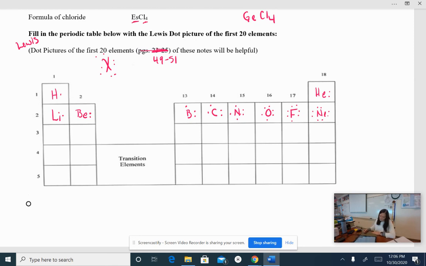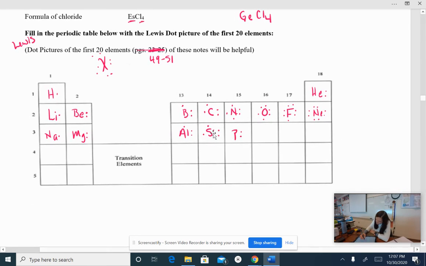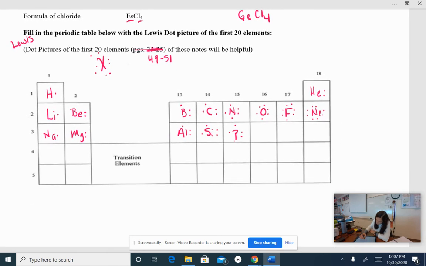Next row, sodium, 1 dot. Magnesium, 2 dots, 2 valence electrons. Aluminum, 3 dots, meaning 3 valence electrons. Silicon, 4 dots, meaning 4 valence electrons. Phosphorus, 5 dots, meaning 5 valence electrons.